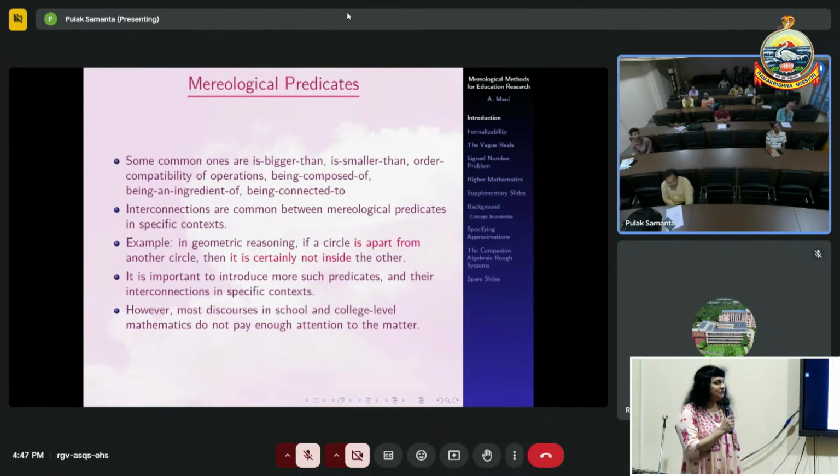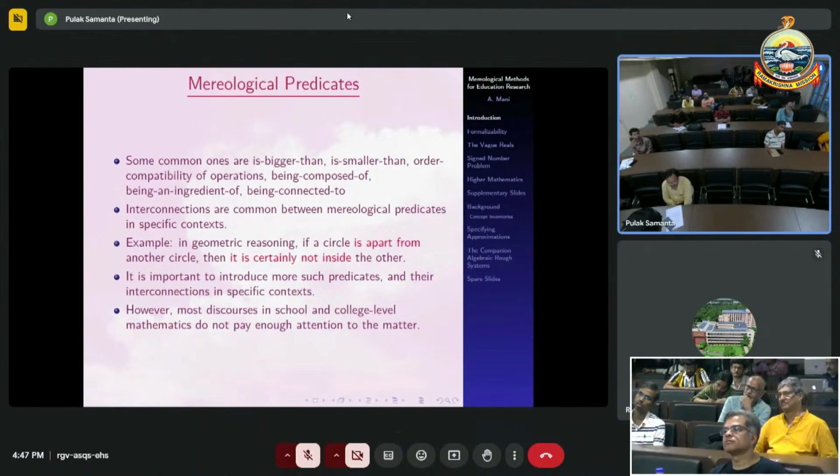As far as mereological predicates are concerned, some common ones are: is bigger than, is smaller than. Then we can also speak of being composed of, being an ingredient of, and being connected to, which I already mentioned. Interconnections are common between mereological predicates in specific contexts, and there are a number of results relating to this. In formal languages, people do prove a lot of connections.